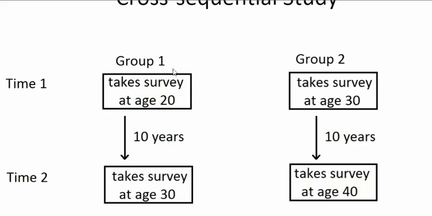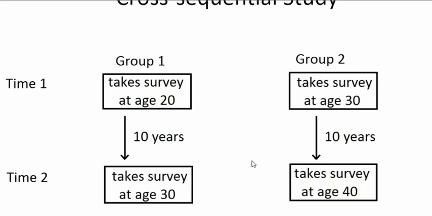So if I did this study and I compare group 1 and group 2 at time 1, the 20 and 30-year-olds at time 1, that comparison is cross-sectional. And if I compare group 1 at age 20 and group 1 at age 30, that comparison is longitudinal. So if I compare horizontally, it's cross-sectional. If I compare vertically, it's longitudinal.